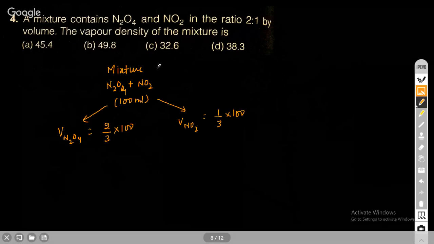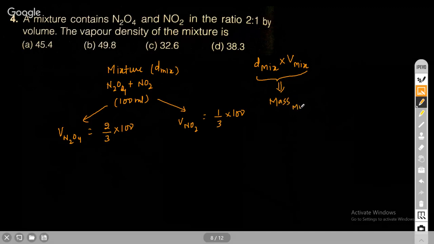And if the density of the mixture is, suppose D of mixture, we have to find out. So what we can write, the density of mixture into the volume of mixture gives the mass of the mixture.